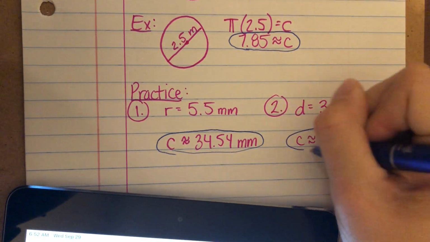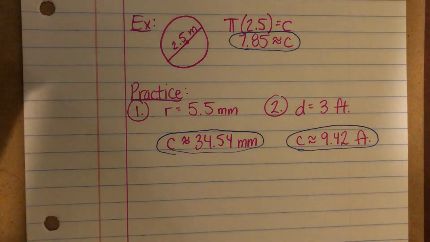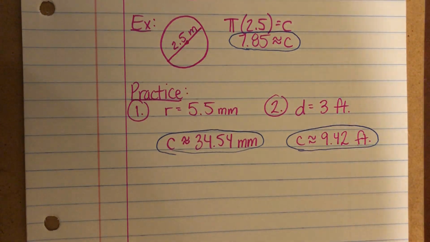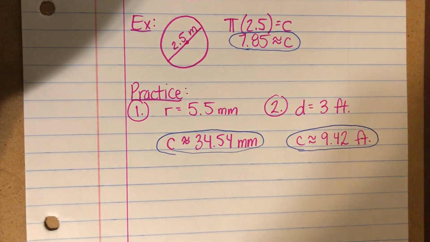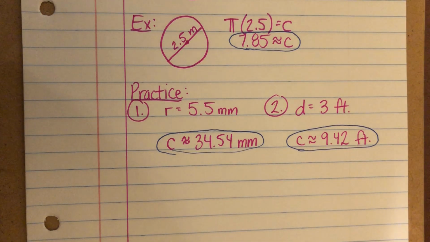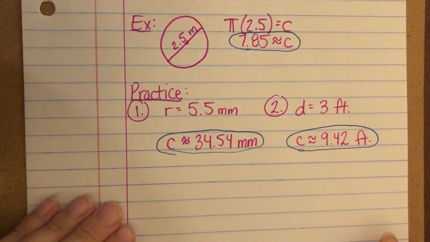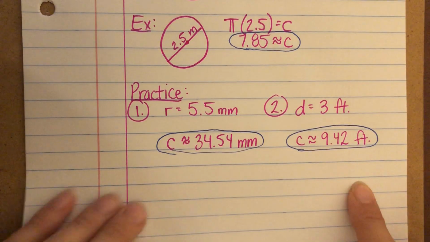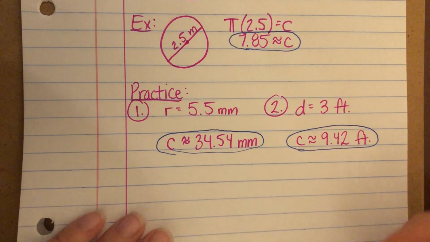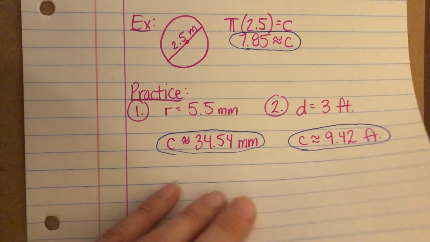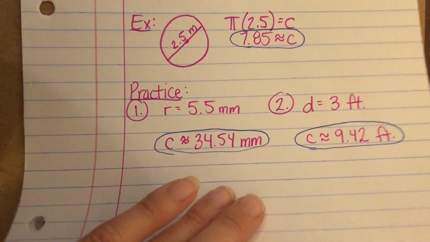All right, so now let's go the inverse way. Let's say what happens when we are given the circumference and we want to find the diameter and the radius. Okay, now my paper, for whatever reason, the lines are so big, so I'm already out of room, so I'm going to flip over, but you do not need to flip over if you still have a significant amount of space there on your page.